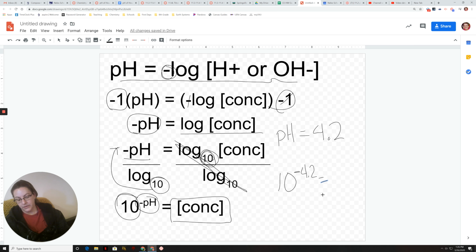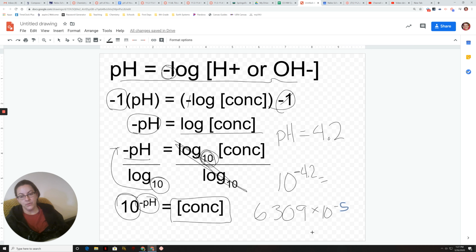Sorry. There we go. Have to remember how to use this calculator. And the answer I get is 6.30957345 times 10 to the negative fifth.